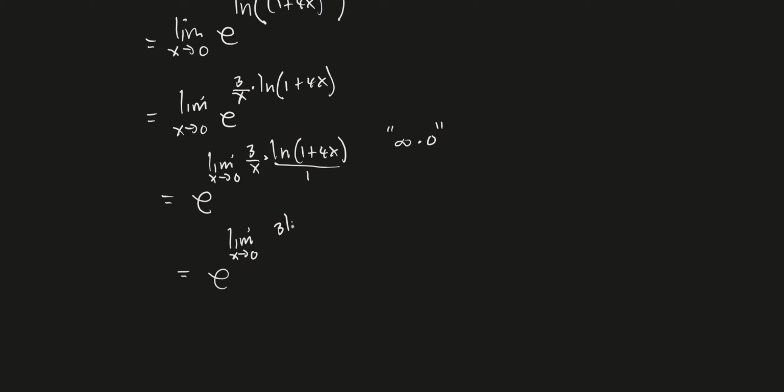So I'll have 3 ln of 1 plus 4x. And then multiply the bottoms, just have an x there. So now when I say, well, what form do I have? Well, clearly the top approaches 0 and the bottom approaches 0. So it's 0 over 0. So now I can finally apply L'Hopital's rule to this limit.